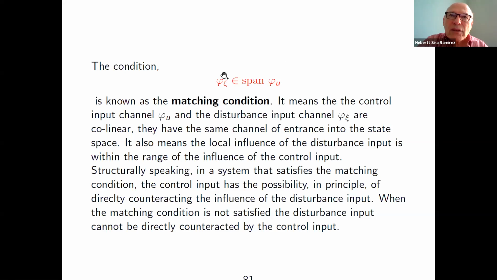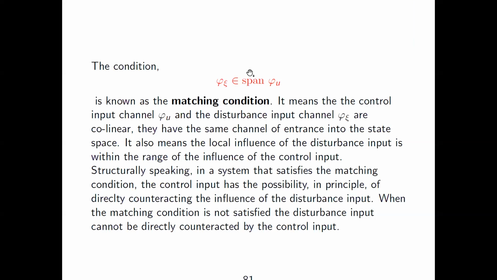So maybe if the matching condition is right, if for example there is no disturbance for the system, the input should be I0. But now I have a disturbance, but the system could satisfy the matching condition. So I could add compensation to the I0 to become I1 to compensate for the disturbance for the system. So I could check my targets, right?